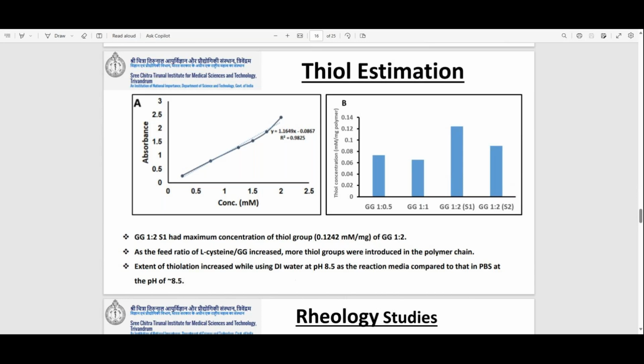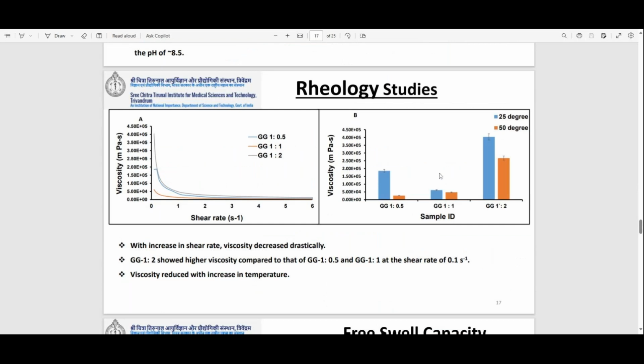And again, in order to confirm the thiolation has happened and to see the rheological property of the system, we did the rheological study using the rheometer, and we can see that as the extent of thiolation increases from 1 to 0.5 to 1 to 1 to 1 to 2, the viscosity is also increasing. Another thing we can notice from the first graph is that as the shear rate increases, in all these cases the viscosity is drastically reducing.